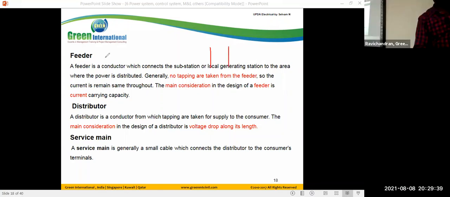So next we have distributors, feeders, and service mains. For understanding, just see here. It is a traditional house. So we have a service. Just imagine in our home country we have a hut. So we have a service.